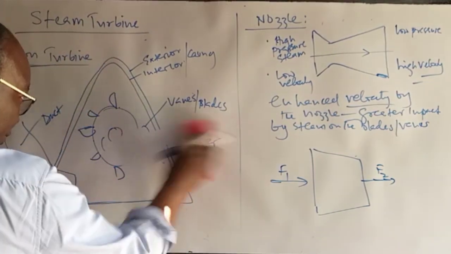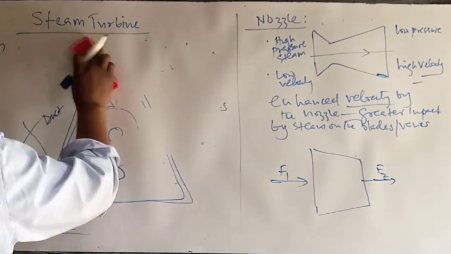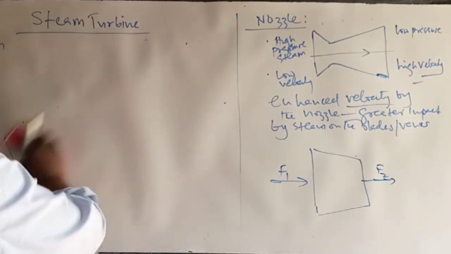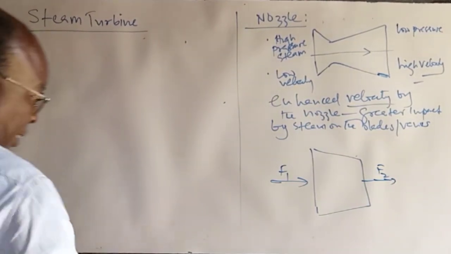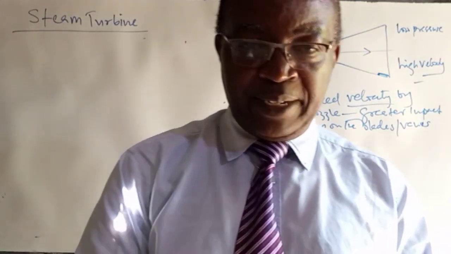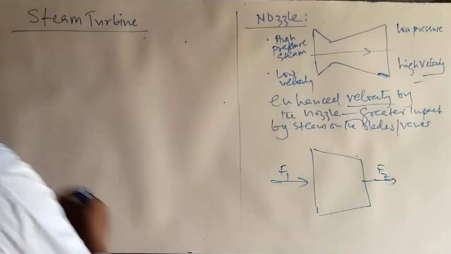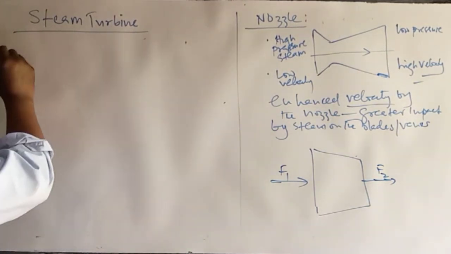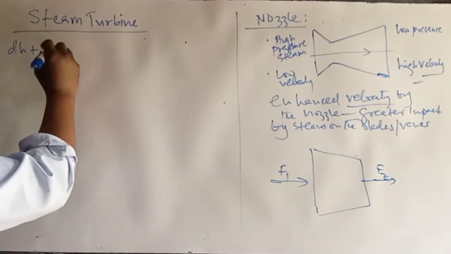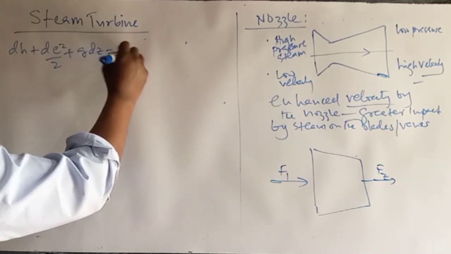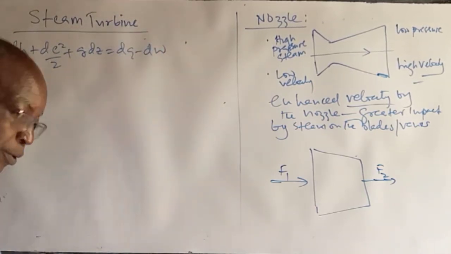Now, if we look at what's going on in this nozzle system, remember that from the first law of thermodynamics for steady state flow processes, dH plus d c squared over 2 plus g dz is equal to dq minus dw.